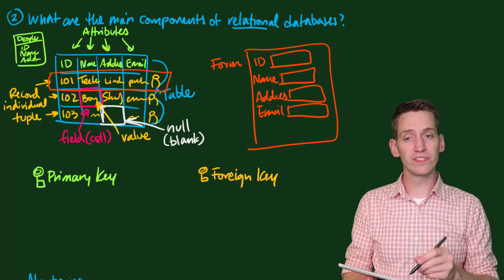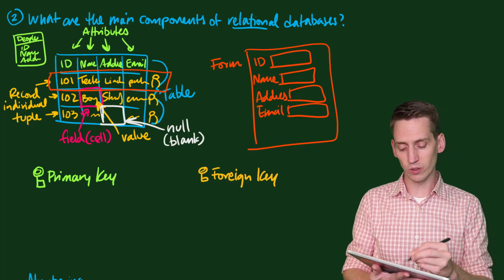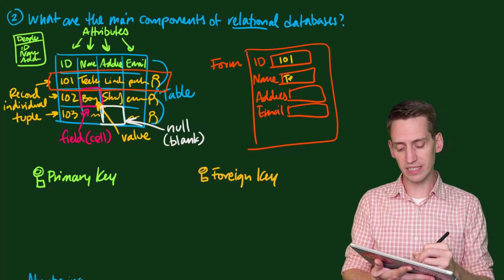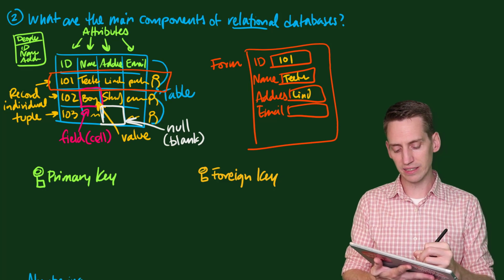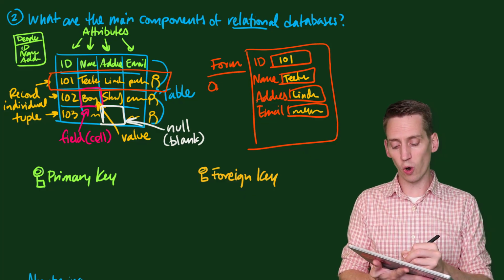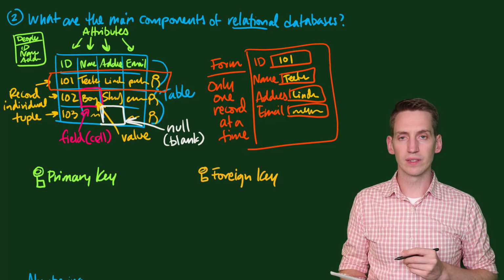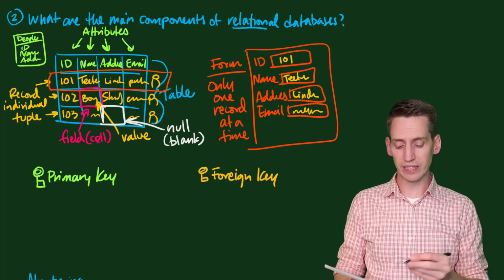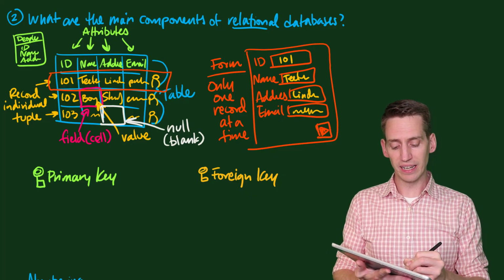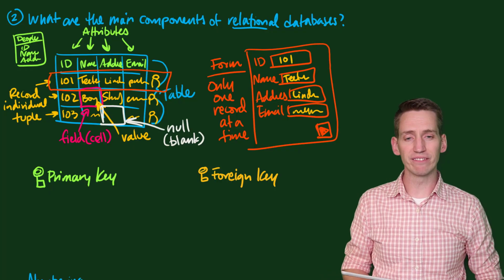So each of these form fields corresponds with an individual value and record. So here I have ID 101, this is Teeter, lives on Linden, email is teeter@pitt.edu. The important thing to remember about forms is they show only one record at a time. Meaning if I want to see Professor Boyas' entry, I have to click the next button and go over to her entry. It's going to go one record at a time on that field.